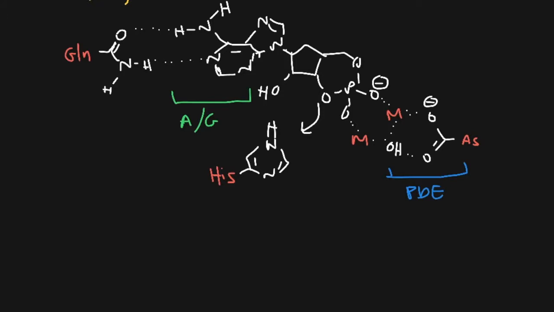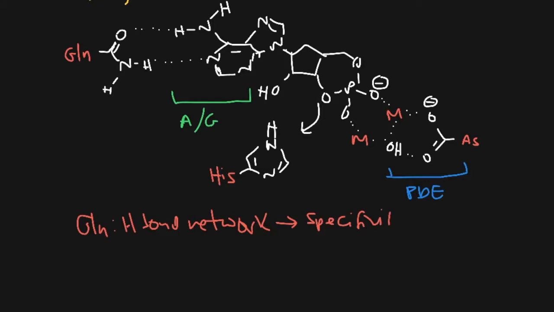So remember that glutamine gives a hydrogen bond network in this mechanism. And that gives the mechanism its specificity for adenine or guanine, and also the PDE5 inhibitors, which also work at the glutamine residue.